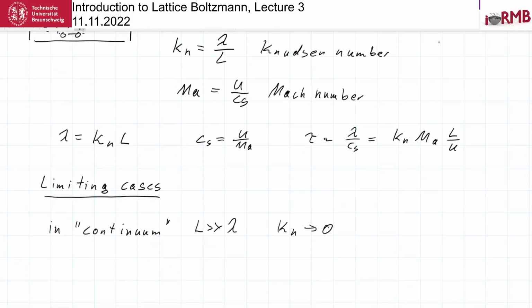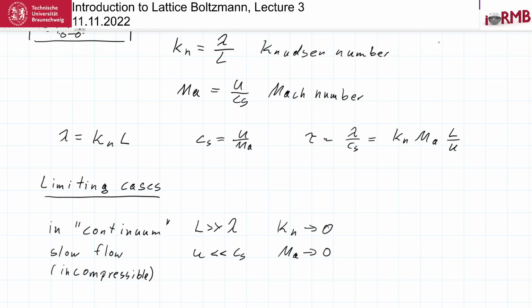Another limit that we are looking for is that the flow is slow. Slow means that the characteristic velocity of the object in the flow, or the flow itself, that would be the same, is much, much smaller than the speed of sound, which means that the Mach number is going to 0 too. And by the way, this one here is called the incompressible limit. Okay.